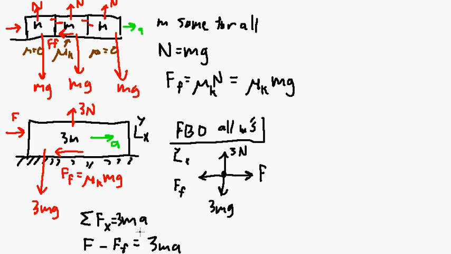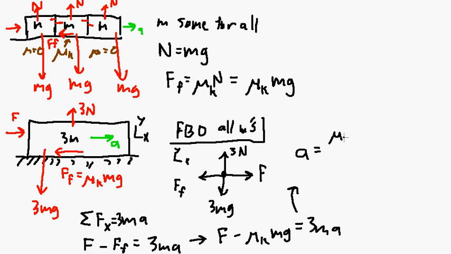So let's see, the friction force we found was equal to mu k times mg. So this is going to tell us F minus mu k mg equals 3ma. And if we divide through by 3m, we can say a equals, how do we want to do this?